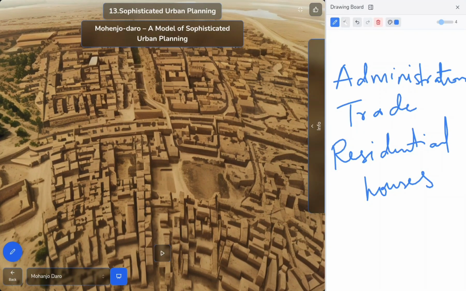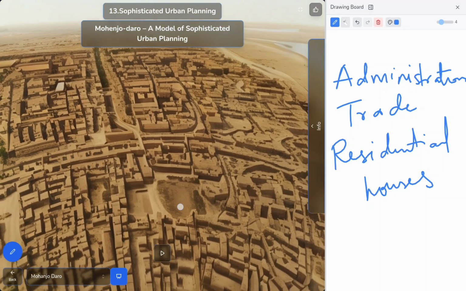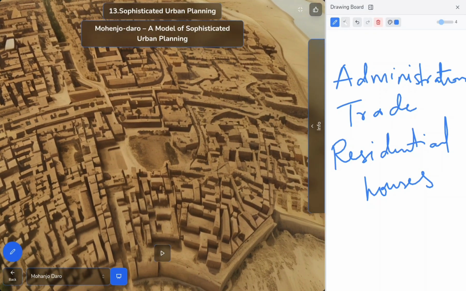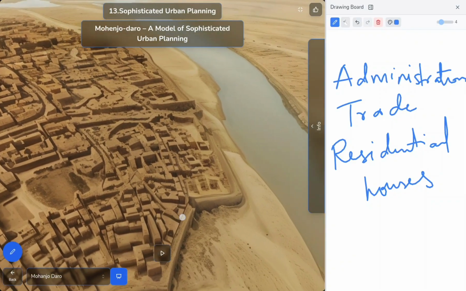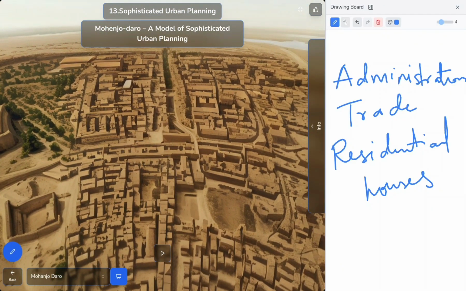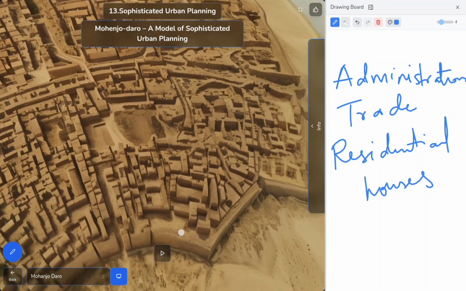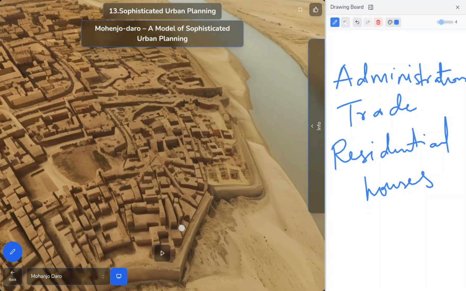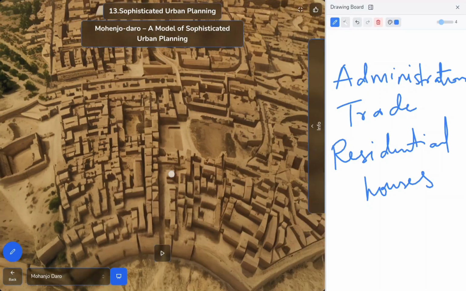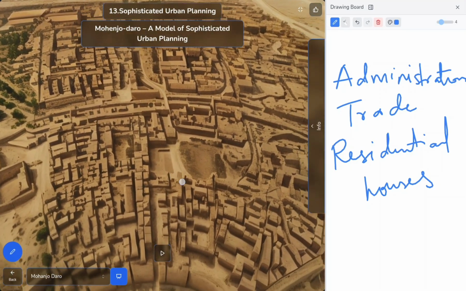But most of the fascinating part lies beneath the street, children. Hidden under these roads were advanced drainage systems. Almost every house had a bathroom connected to covered drains that carried wastewater away from the city. This ensured cleanliness and hygiene, something many cities are struggling with even thousands of years later right now. Just look at this.